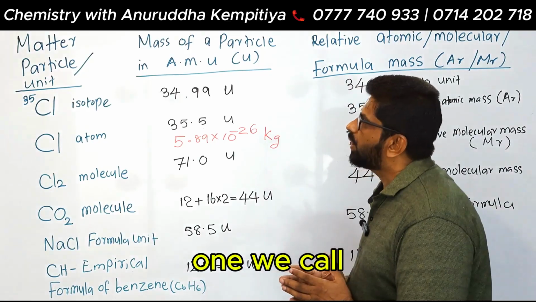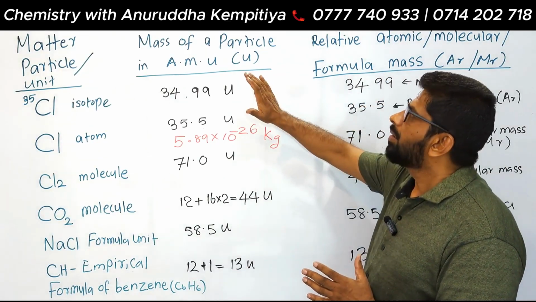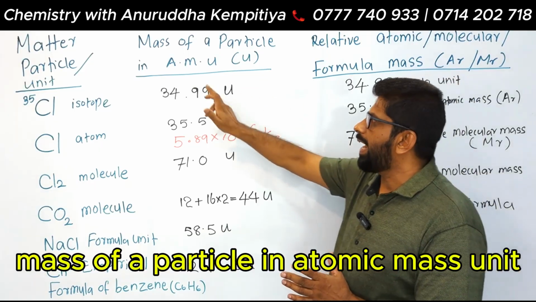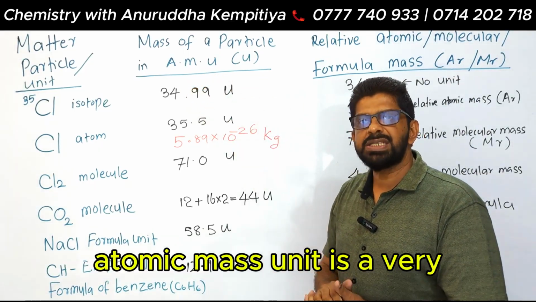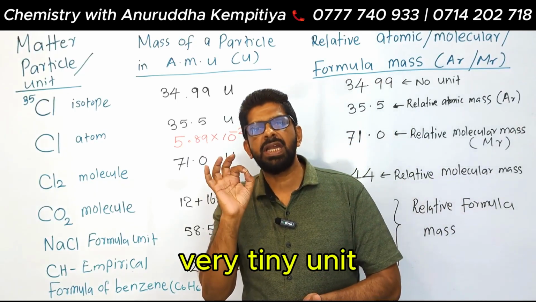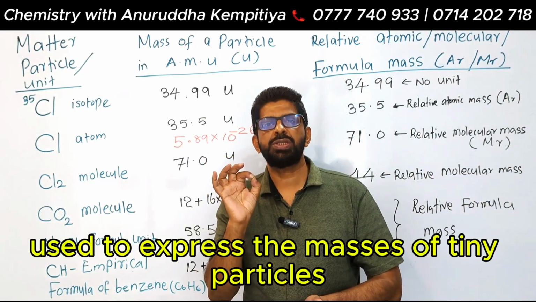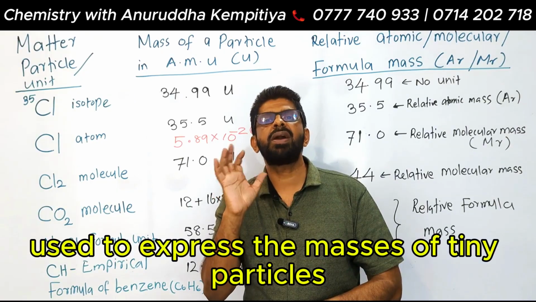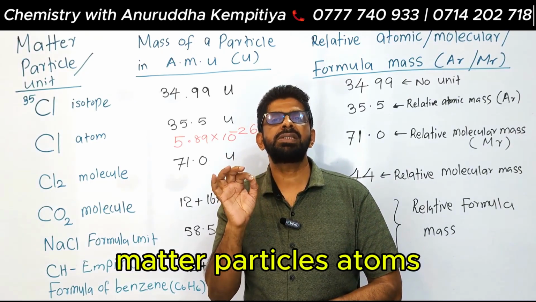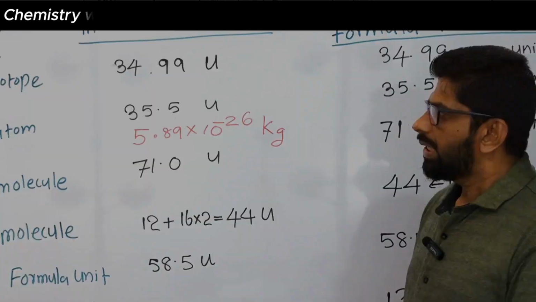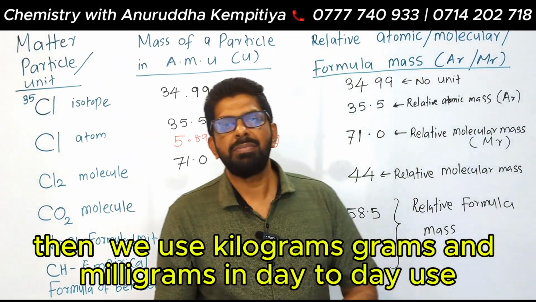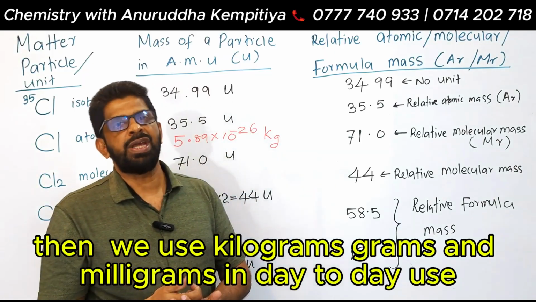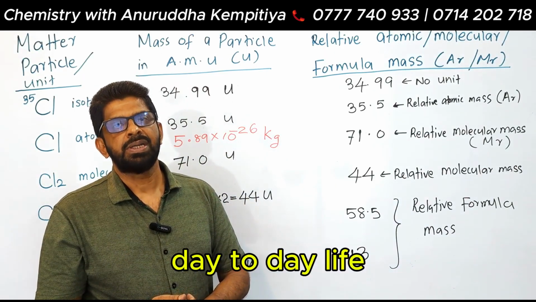There are two methods of expressing these masses. One we call mass of a particle in atomic mass unit. Atomic mass unit is a very tiny unit used to express the masses of tiny particles: atoms, molecules, ions. Then we use kilograms, grams and milligrams in day-to-day life.